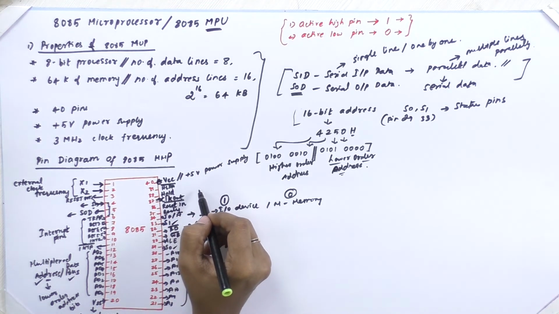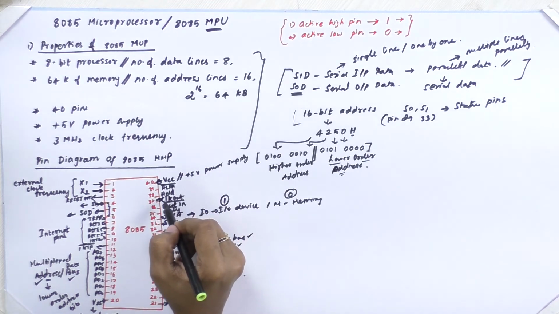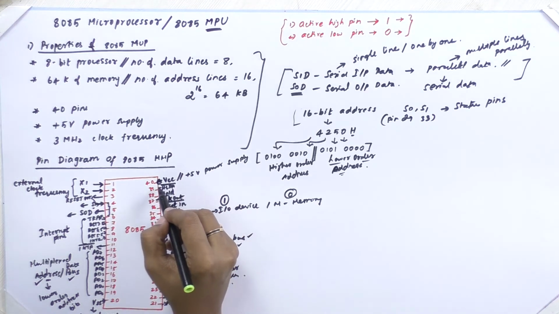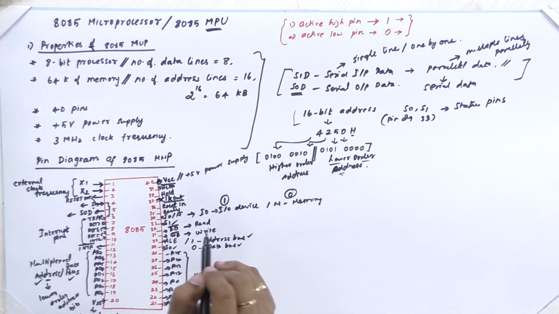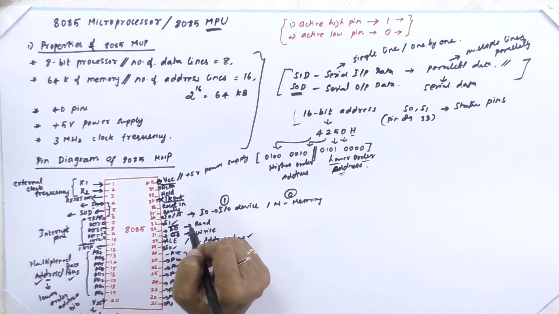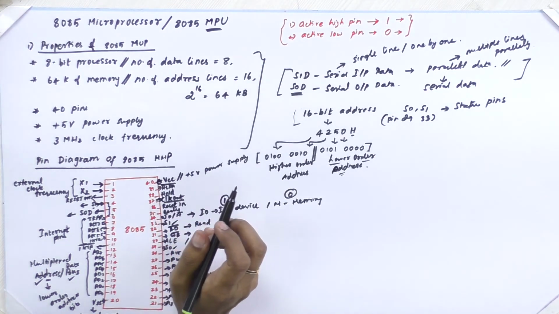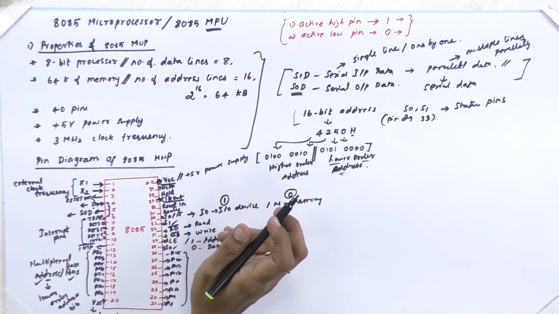When the processor receives a hold request from the externally connected peripheral device, it sends an acknowledgement via this HLDA pin to the corresponding peripheral device. Then the 40th is VCC, that is the plus 5 volt power supply pin.